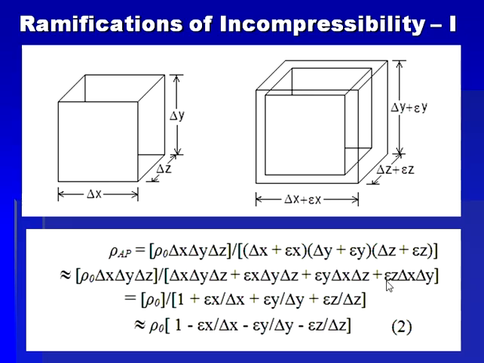In the second step, the numerator and denominator are each divided by the volume of the original cube. The last approximation uses the fact that 1 over 1 plus epsilon is approximately equal to 1 minus epsilon, resulting in a rather simple equation for the density of the attached ether in a region where there is some detached ether immersed within it.